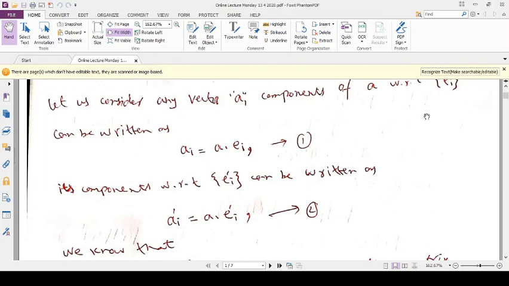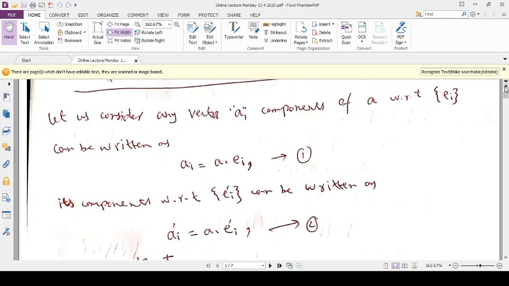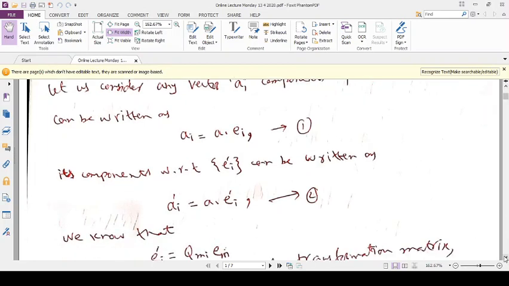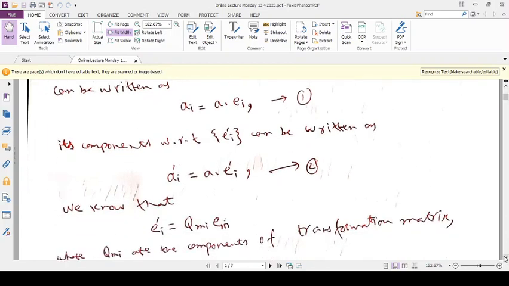In equation 1 the bases are e_i, and in equation 2 the bases are e_i dash. So basically we want a transformation law which transforms components of vector A in basis e_i to the components of vector A with respect to basis e_i dash, that is, how we can relate these two components with respect to different bases.